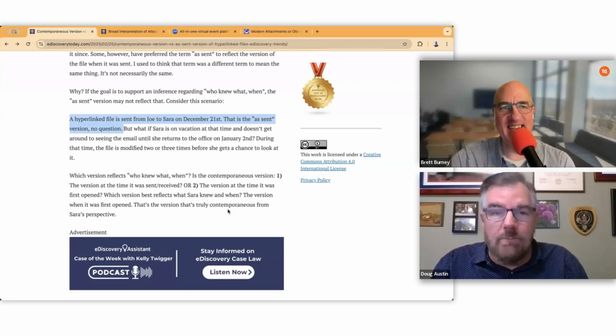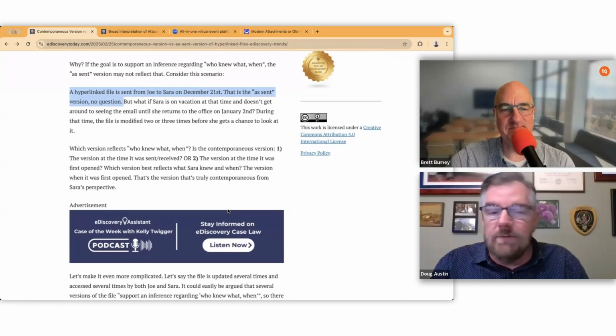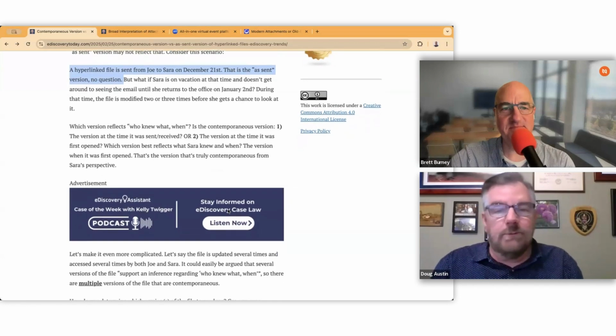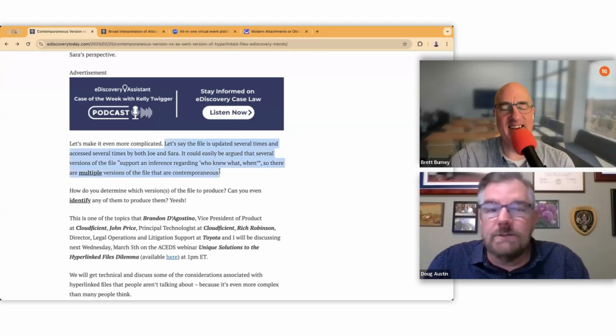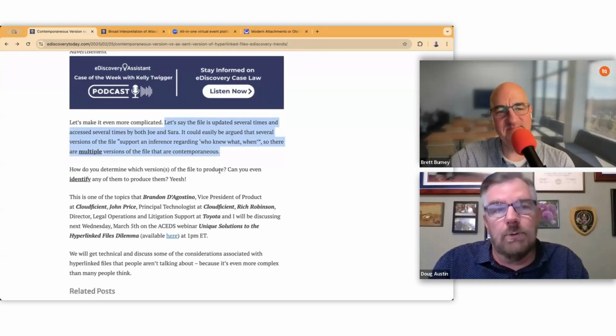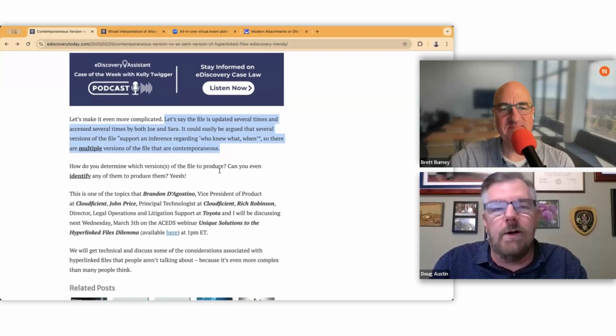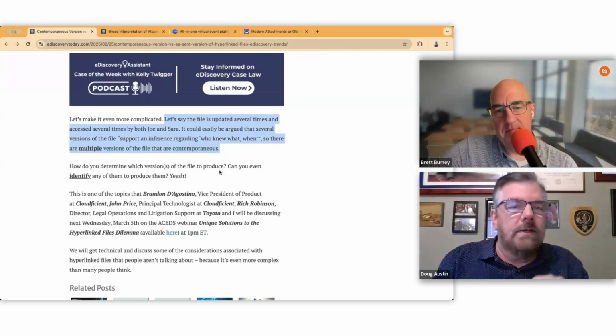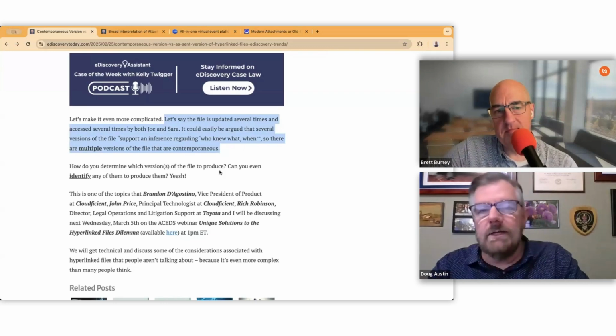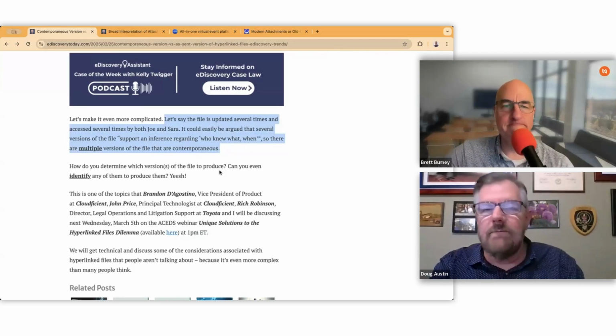And even more complicated is, what if they're updating the file several times? Could it be that the who knew what when could be multiple versions? Which certainly happens. In the pre-hyperlink file world, it would be a sending of a file back and forth and saying, made updates, did this, here's my comments, what have you.